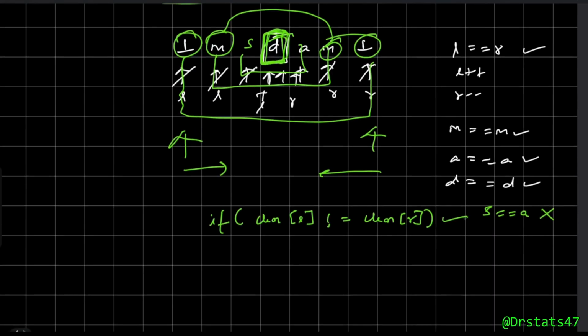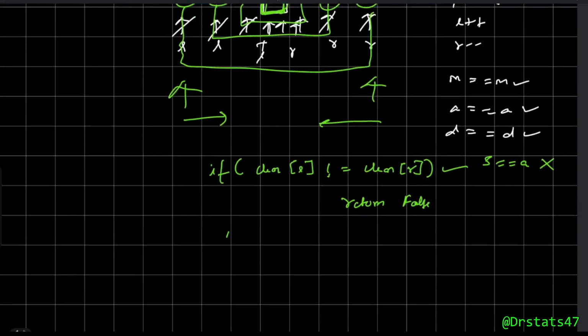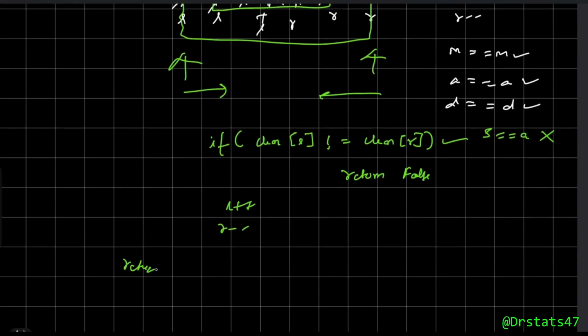So if this condition is satisfied, we have to return false inside the loop. Or else we run the loop, and at the end of the loop we have to return true.